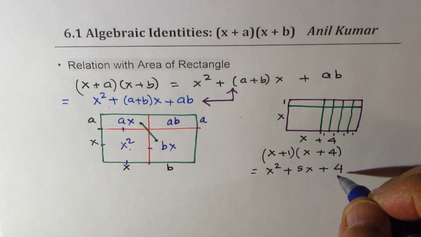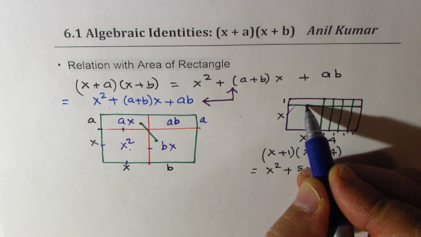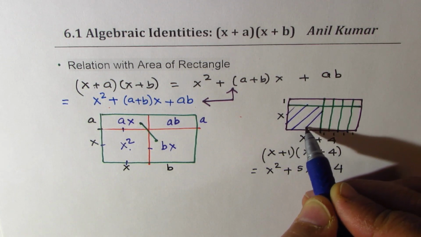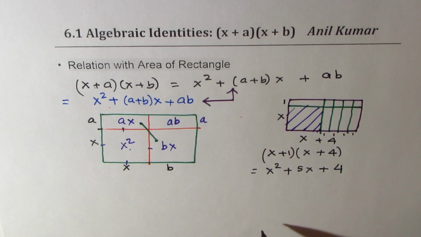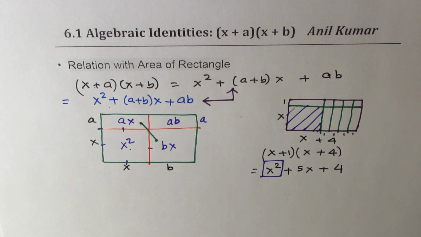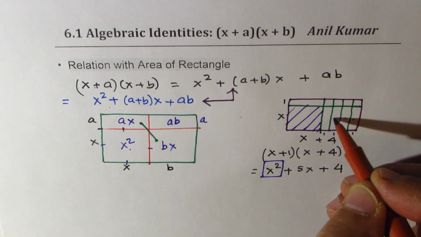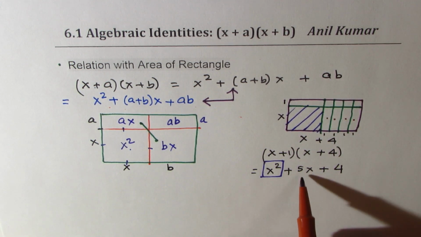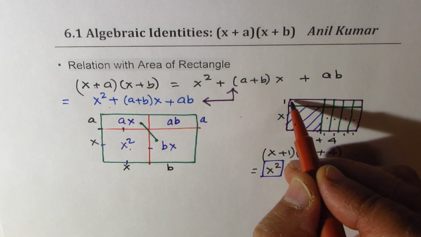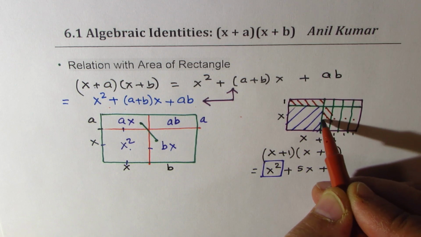Correct? So this 4, when we multiply 4 times 1, we get that 1 unit, which is 4. X square, so let's color. So we have this as x². Clear? So we get this term as x². Now can you tell me which are the 5 x's? So 5x are, we have 1, 2, 3, 4. Is that okay? So these are 4 and this fifth one. So we have these 5 x's. Do you see that? 1 times x.